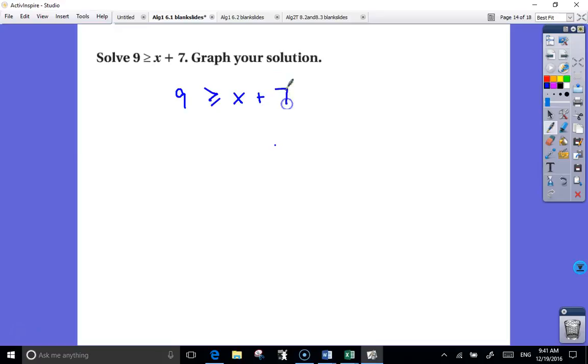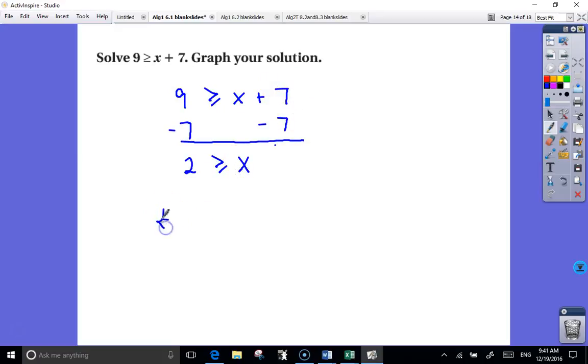We got to isolate the x. What do I do? Okay, we got a plus 7 with it, so I subtract 7. 9 minus 7, 2. The 7's cancel, and I've got the x.